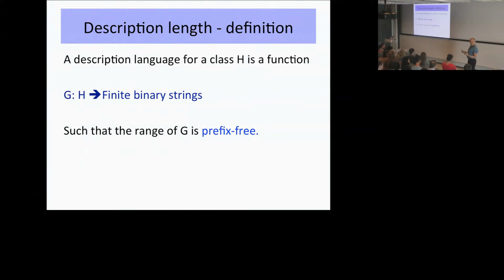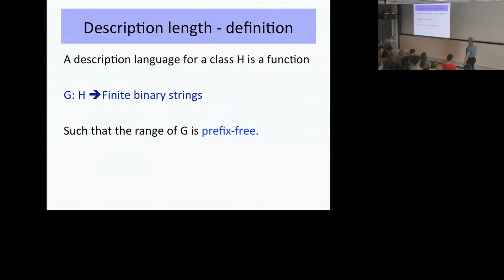So if I look at any programming language, the programs, as descriptions of functions, are prefix-free. No program is an initial segment of another. Okay? So I demand this prefix-freeness, but otherwise I can pick my description language as I wish. You can think of it as a programming language. For every H in the class, I pick a program that describes it. And it's prefix-free, that's the description language.